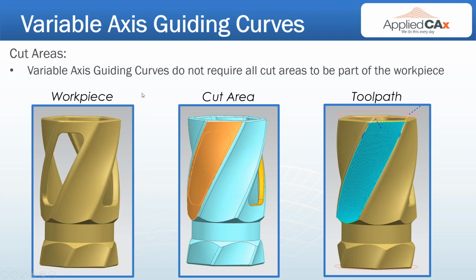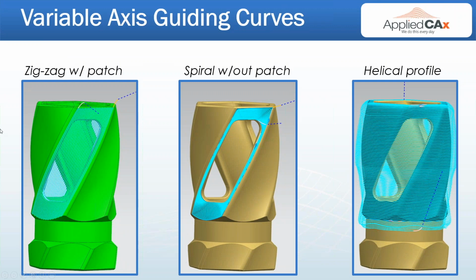And so another nice thing about variable axis guide curves is that, kind of like I mentioned before about cut areas needing to be part of workpieces, variable axis guide curves don't need that. They're not adherent to the cut area being required to be part of the workpiece. And so I'm going to show you a little bit of these three operation types.